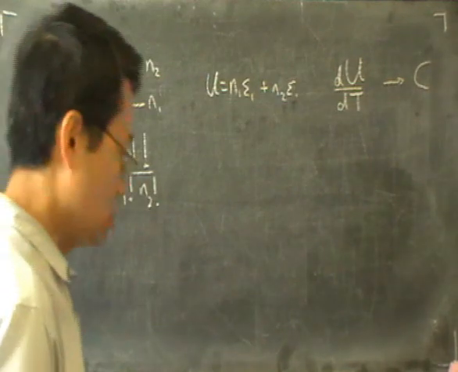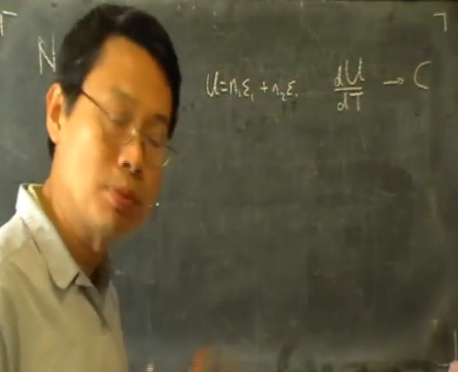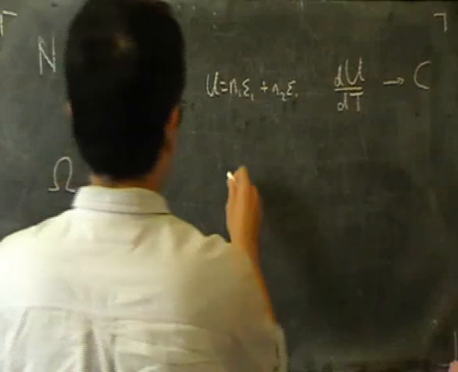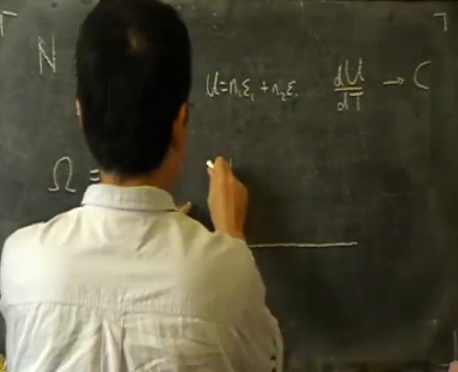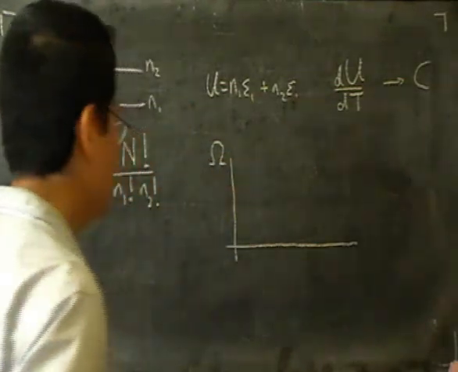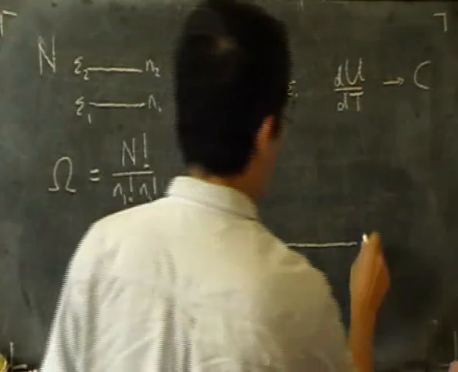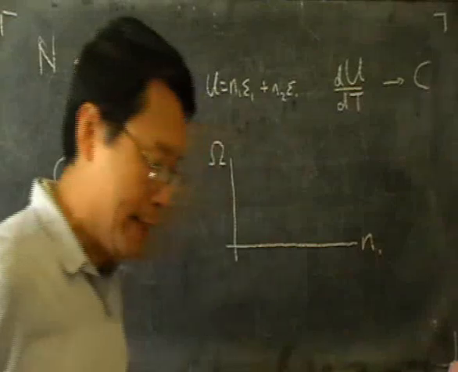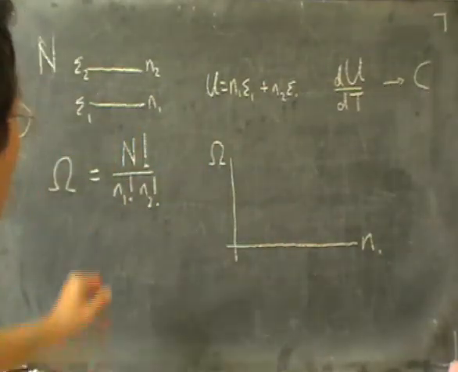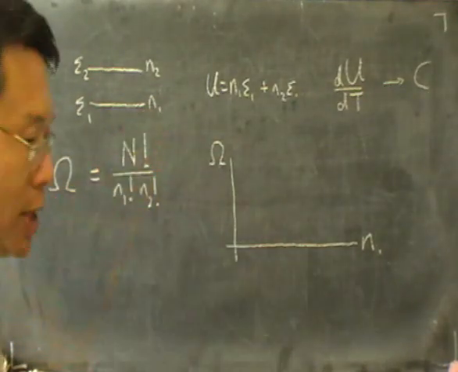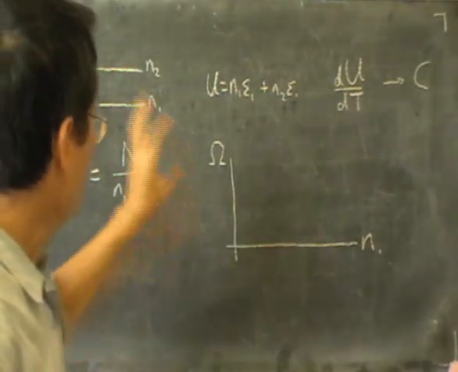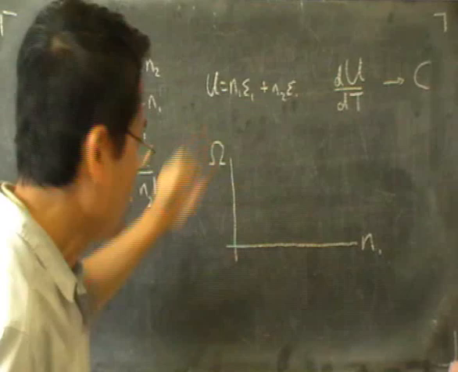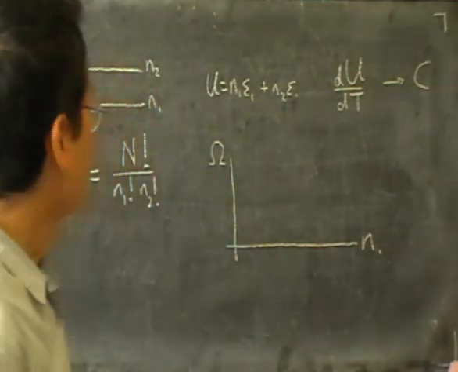Now let's look at this idea of the probability further. Suppose that I plot a graph of this number of arrangements against, say, the number of particles in N1. So what I want to do is look at different values of N1 and see how this number of arrangements changes.